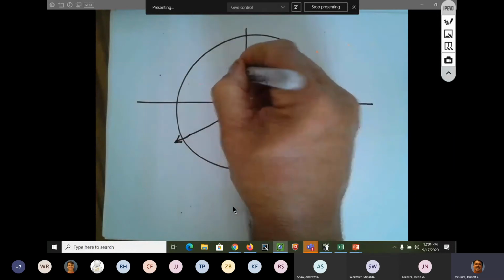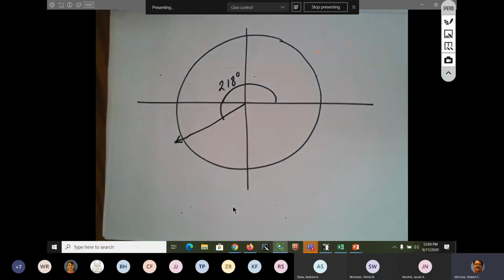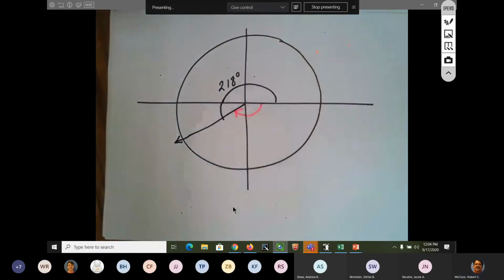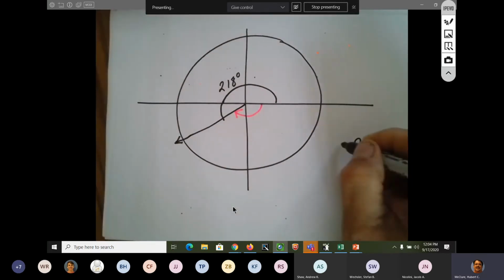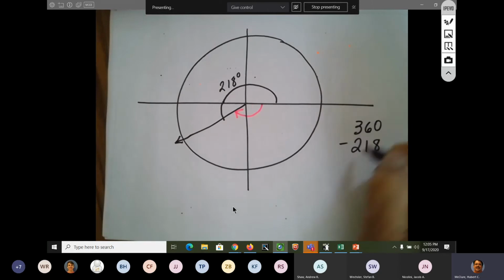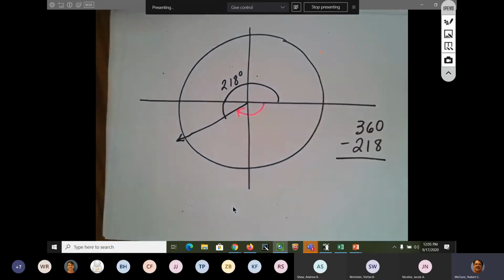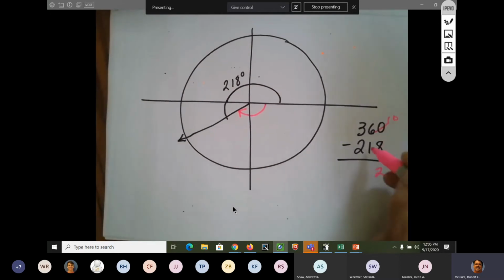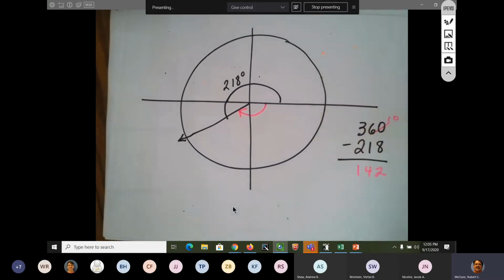If you want to find your reference angle, which is this angle right here, that would be 218 subtracted from 360. So 10 minus 8 is 2, 5 minus 1 is 4, and 3 minus 2 is 1.